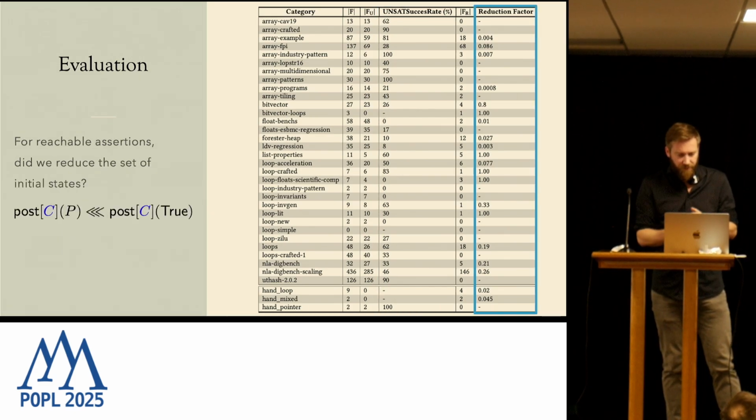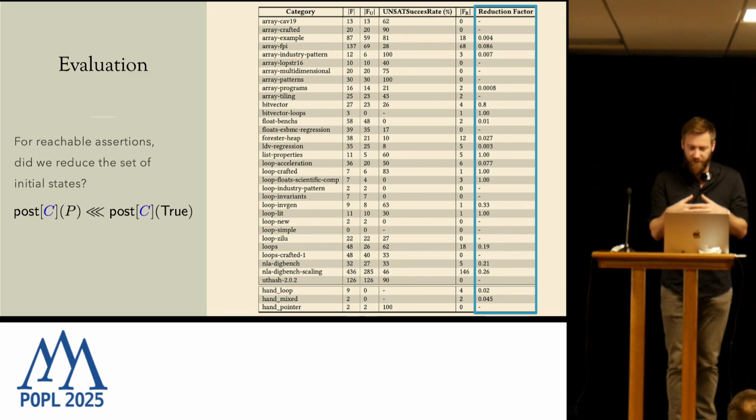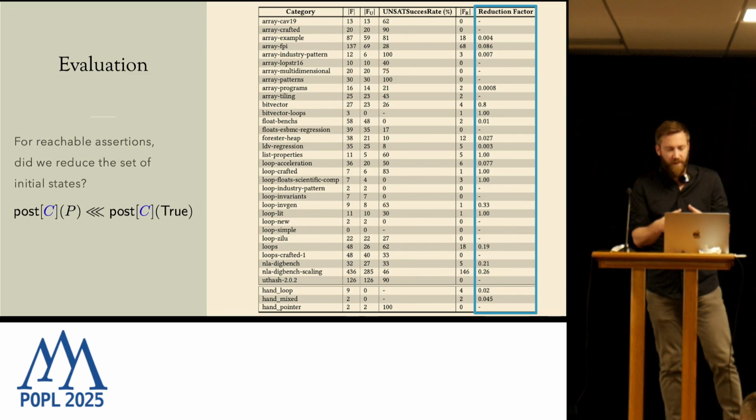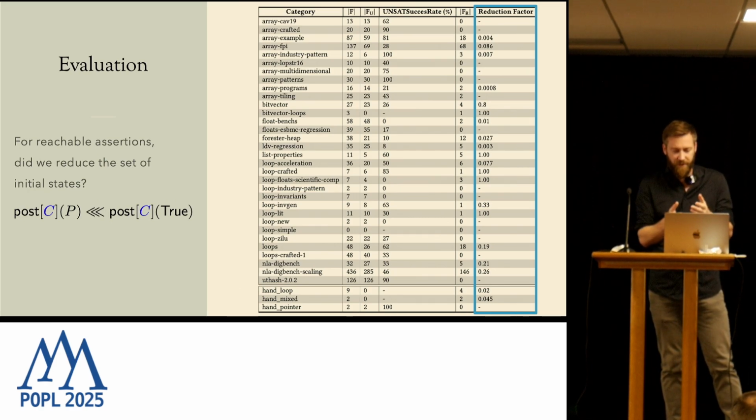Then what we also want to evaluate is a certain type of preciseness. If you think about it, we are trying to do reachability, and we could have just done fuzzing, right? Where you start from any state, take true as a presumption, and compute the post set from there.